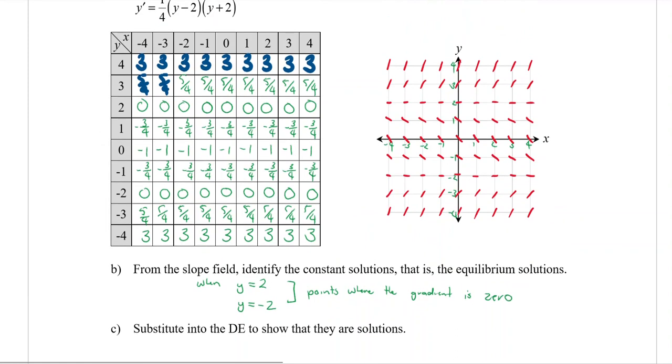So if we wanted to draw on here, we would have a line coming through there and another one through there.